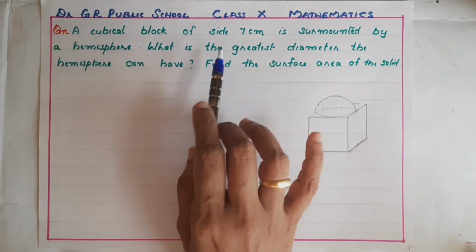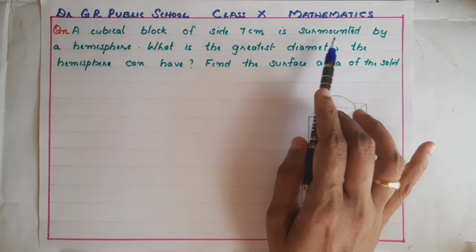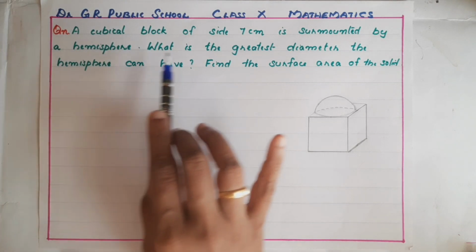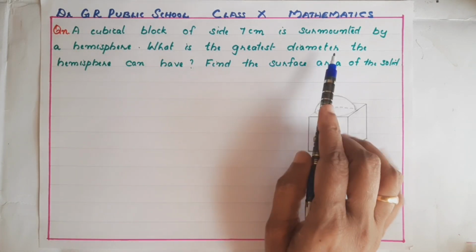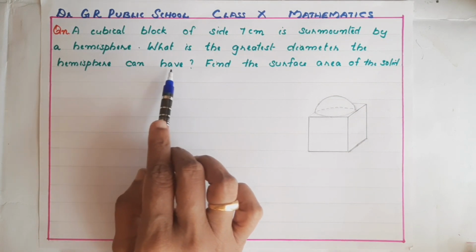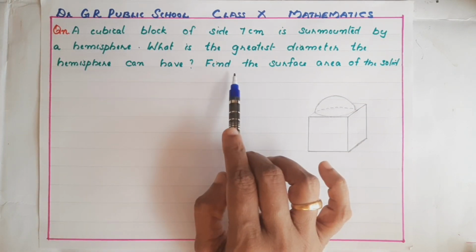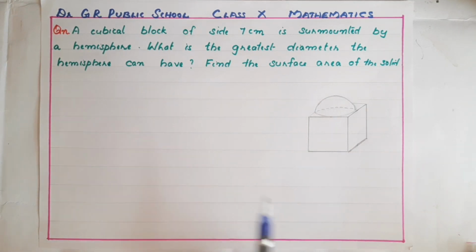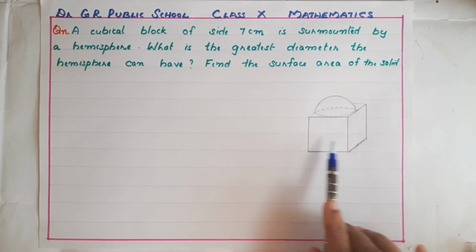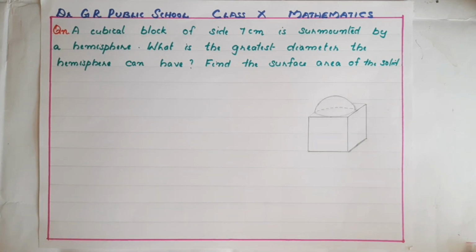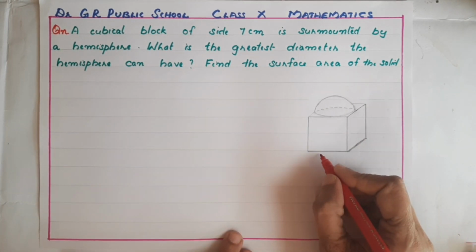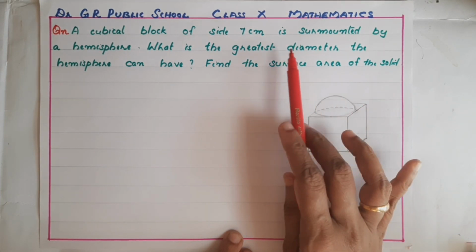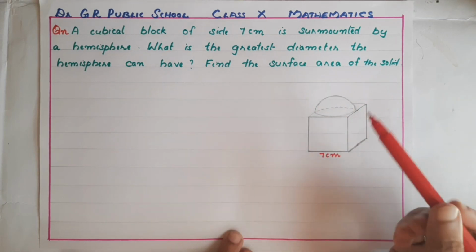A cubical block of side 7 cm is surmounted by a hemisphere. What is the greatest diameter the hemisphere can have? Find the surface area of the solid. So what is given? A cubical block of side 7 cm. So the side is 7 cm. It is surmounted by a hemisphere.